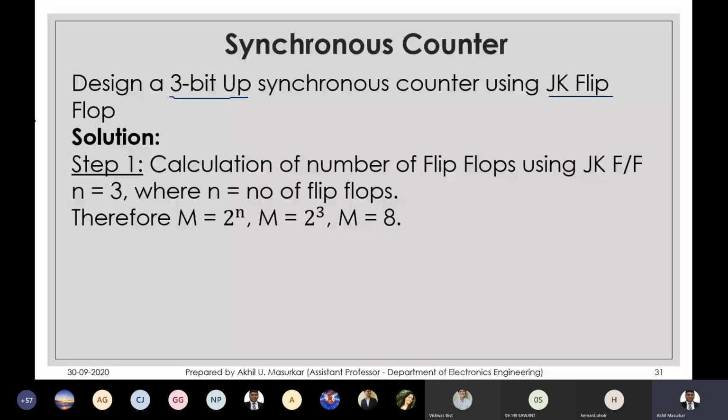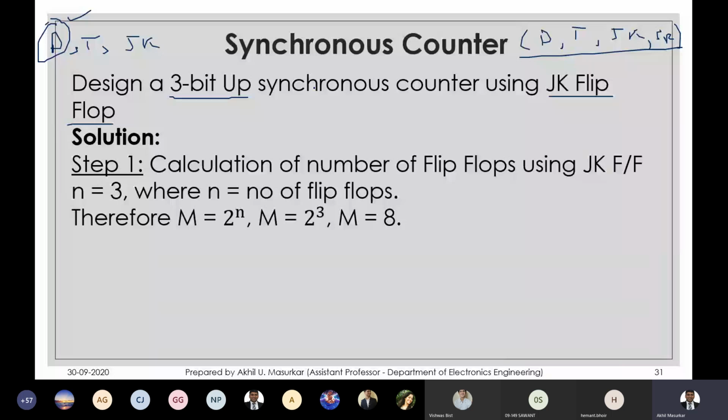Now a synchronous counter can be designed using any flip-flop: D, T, JK, SR, any flip-flop. But mostly they will give you D, T or JK, and out of these they will preferably give you a D flip-flop. But here we are going to do it using JK flip-flop.